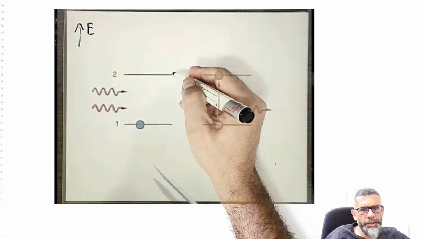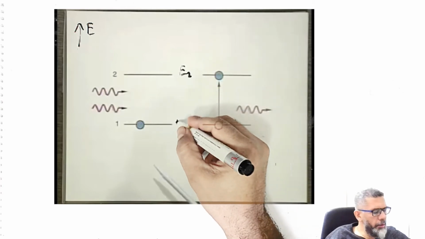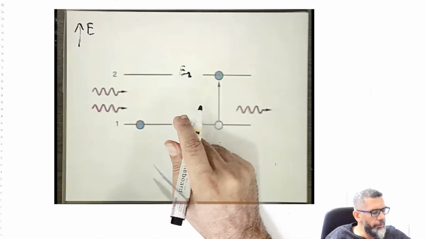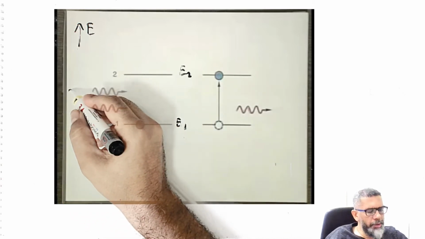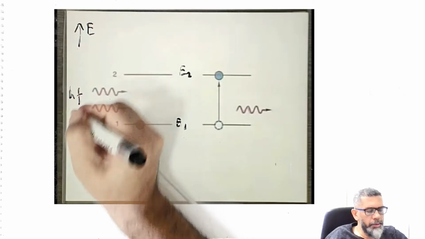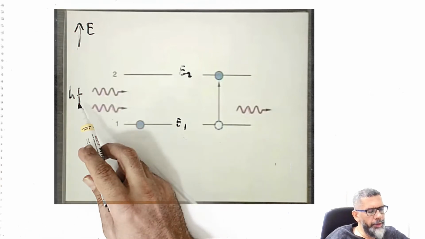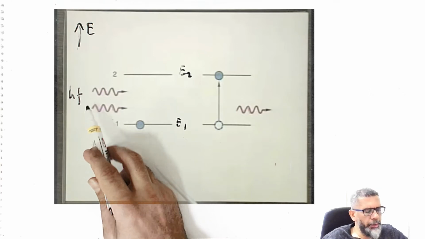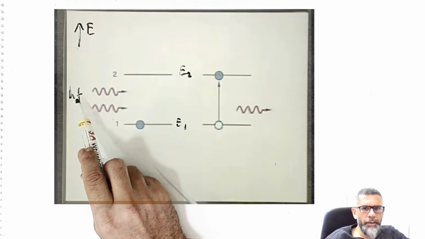Let's call this energy E2, and this is E1. The incoming photons have energies like h times frequency. In one single photon, if the photon belongs to frequency f in the electromagnetic spectrum, its single photon's energy is just hf.